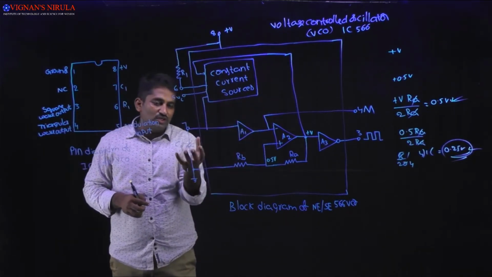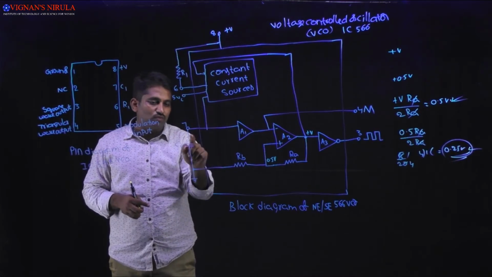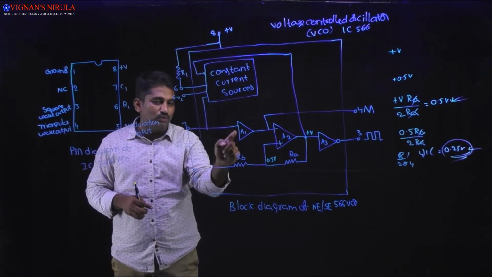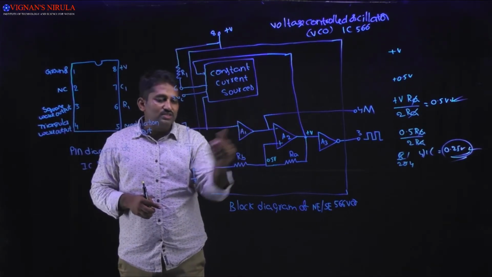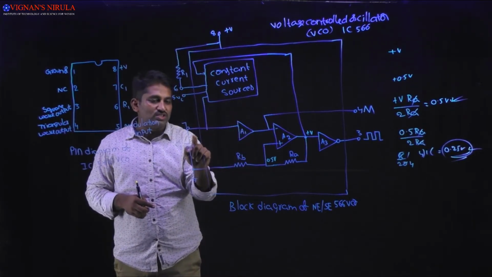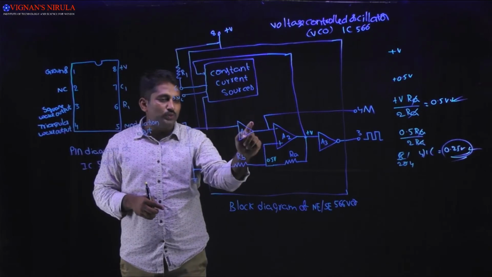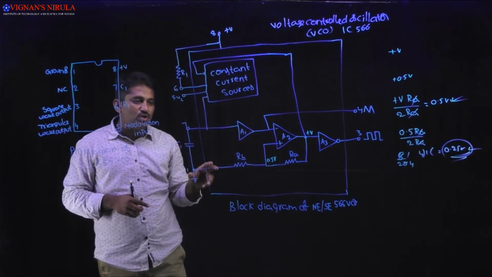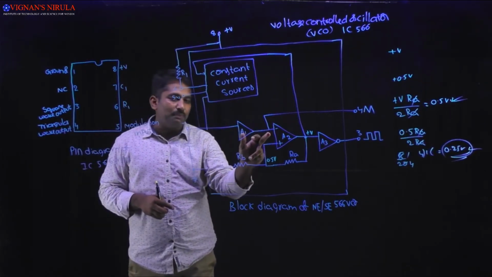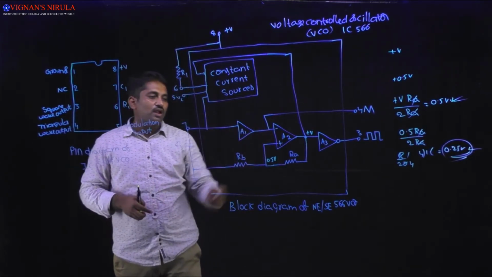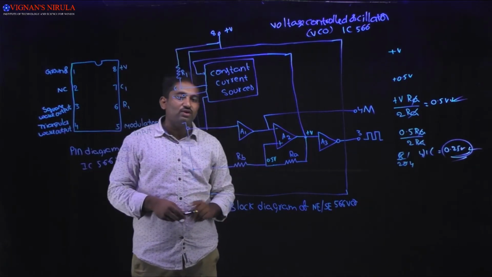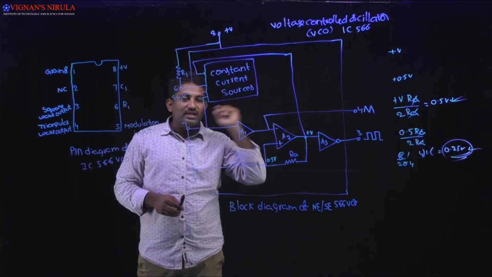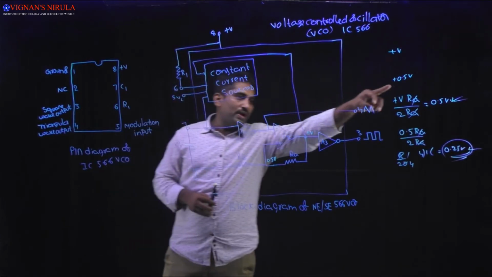And if the charging of the capacitor goes beyond 0.5 volts, then what happens? This voltage will be applied to the buffer, and the same output will be generated here. Suppose I treat this voltage as 0.6, then the output of A1 is also equal to 0.6. That will be applied at the inverting terminal of the Schmitt trigger. Now 0.6 is greater than 0.5, so what will you get? You will get 0.5 volts. Why?